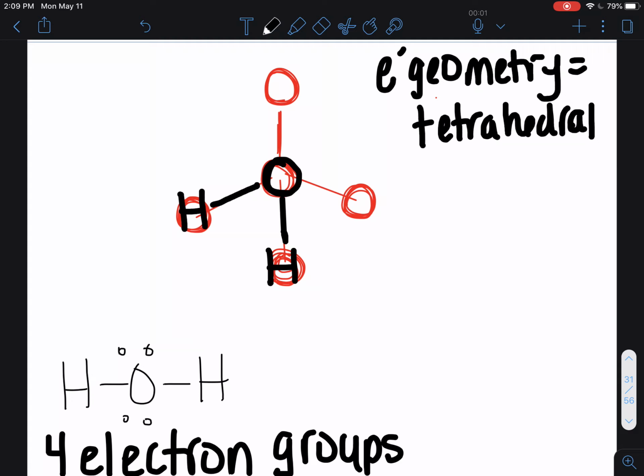Now I'm going to place my two sets of lone pairs. The only place they can go is here and here. So I'm going to delete that and put a lone pair here. I'm also going to delete this and put a lone pair here. So what you'll notice is that this no longer looks like my tetrahedral arrangement. This now gives me a molecular geometry.